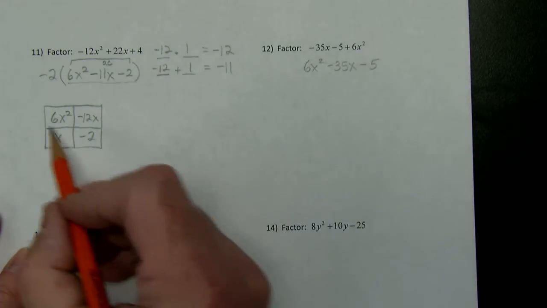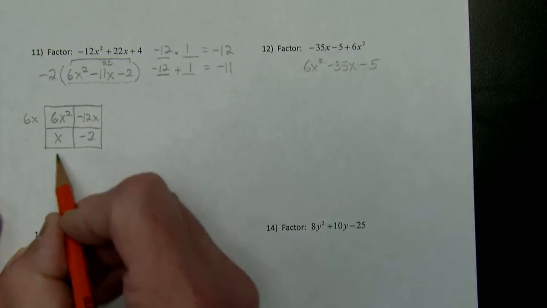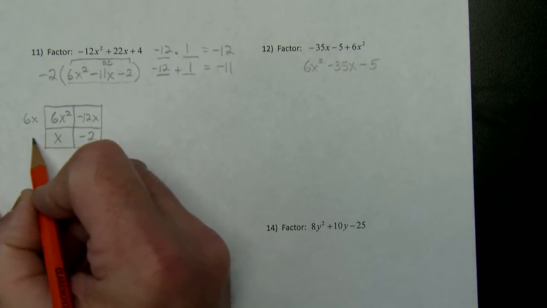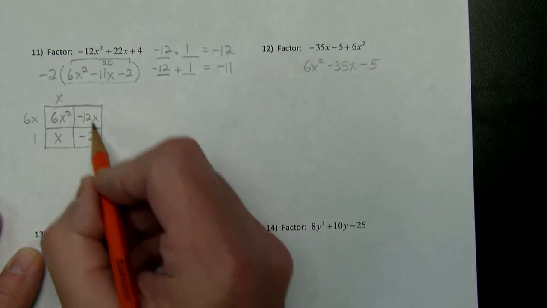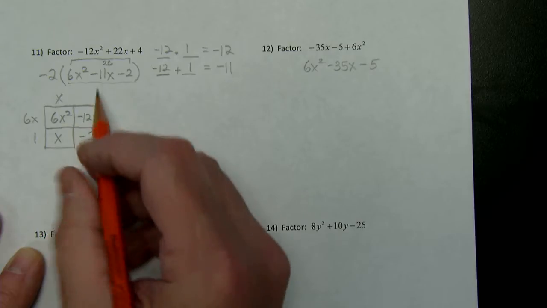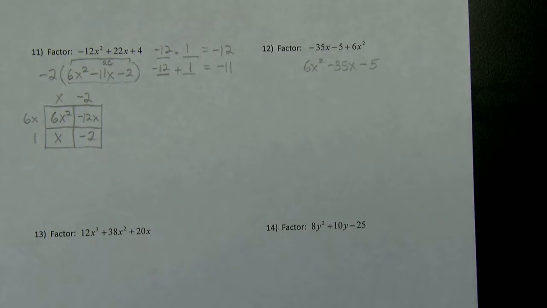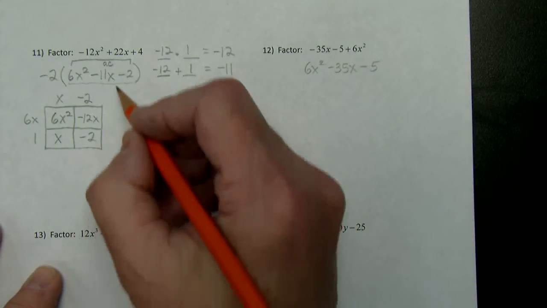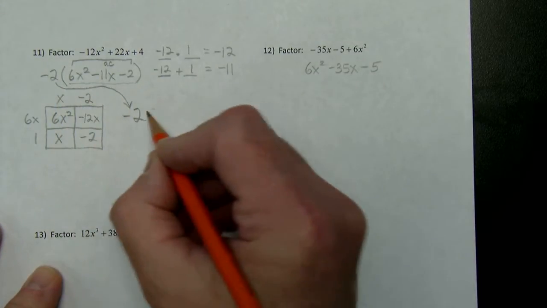All right. Greatest common factor of the first row is 6x. Greatest common factor of the second row is just 1. Greatest common factor of the first column is x. And greatest common factor of the second column, since they're both negative, I'm going to take out the negative, and it's just negative 2. And so it factors as, bring down the negative 2 from here, that's got to be rewritten.